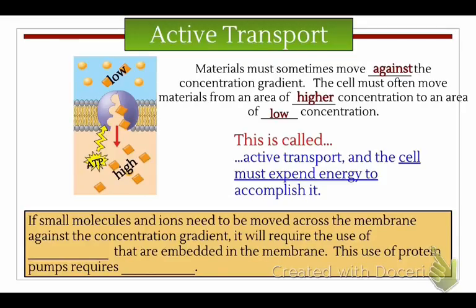So if small molecules and ions need to be moved across the membrane against the concentration gradient, it will require the use of protein pumps that are embedded in the membrane, and this use of protein pumps requires much energy.